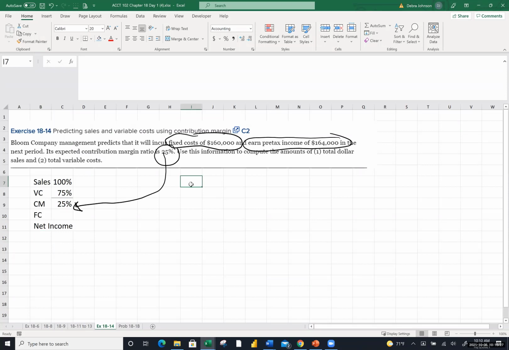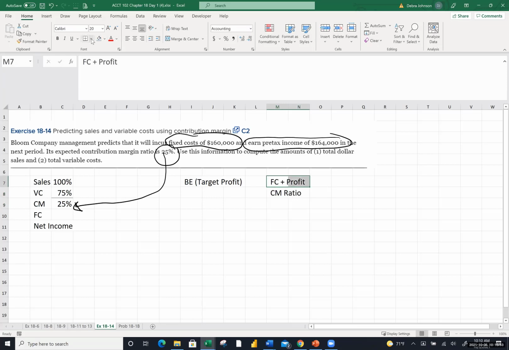Okay, here's what I know. I know that they wanted to make 164,000. So I'm going to go back to this tweaked break-even formula, but it's tweaked to be profit. Fixed costs plus profit divided by, and since we're doing dollars on here, I'm going to go ahead and use the contribution margin ratio on the bottom.